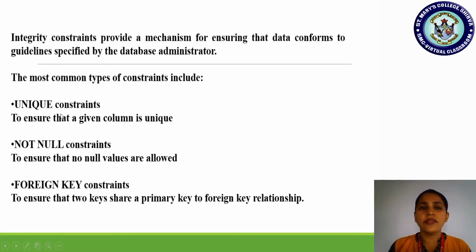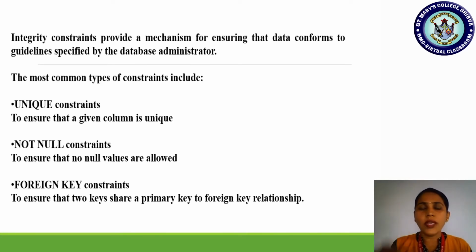So what is the first category? To ensure that a given column is unique. Unique constraint means what? For example, if a table, a relation, has many attributes, take the attribute roll number.